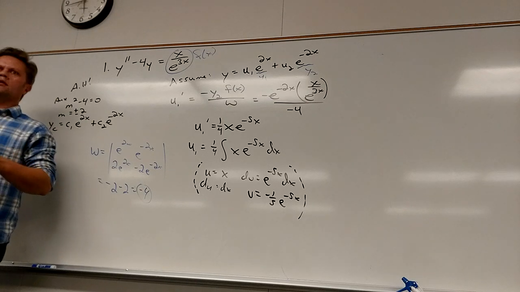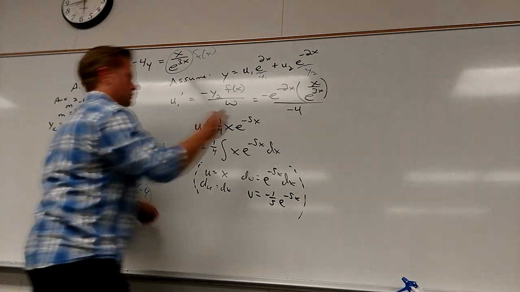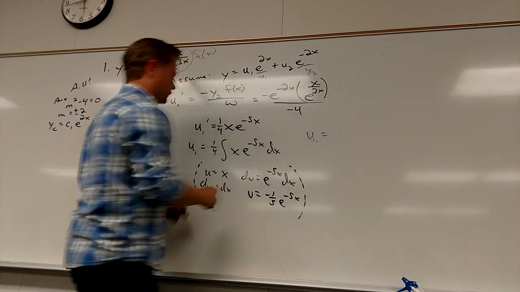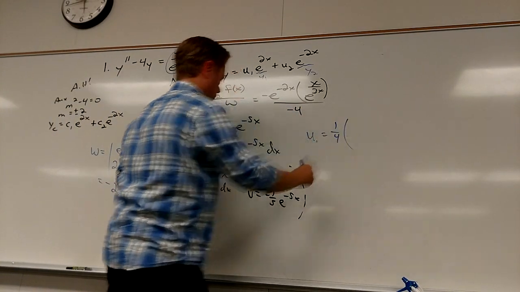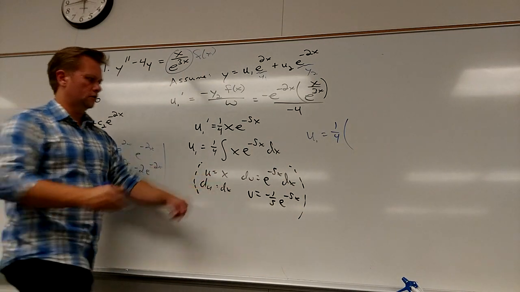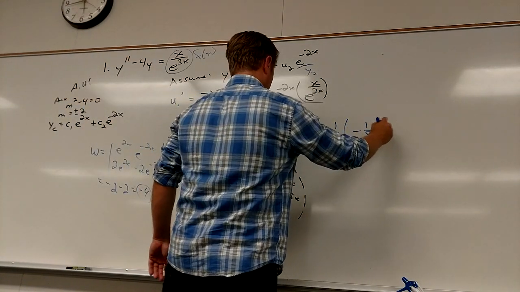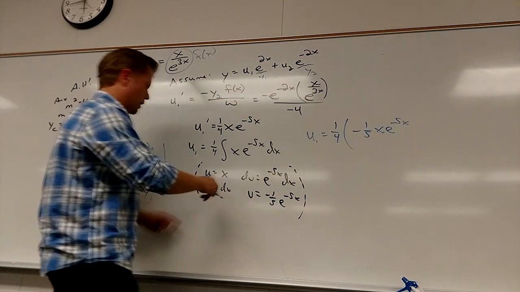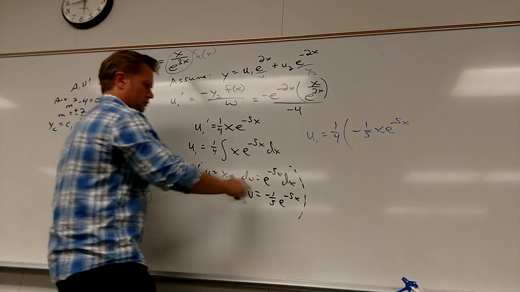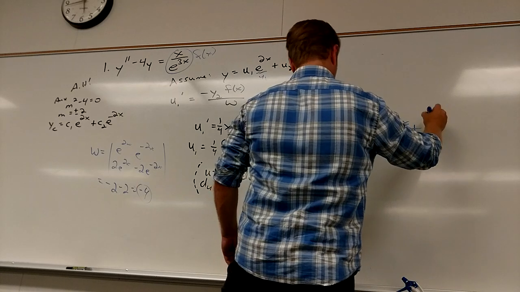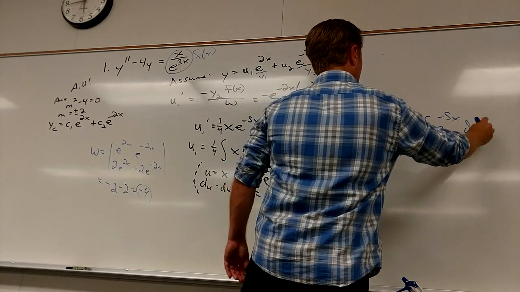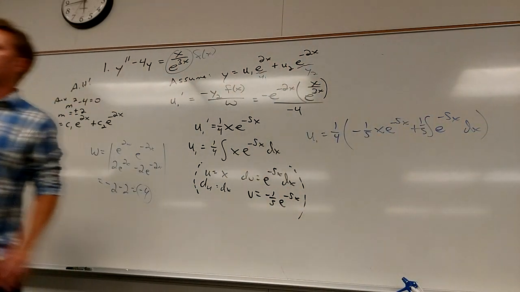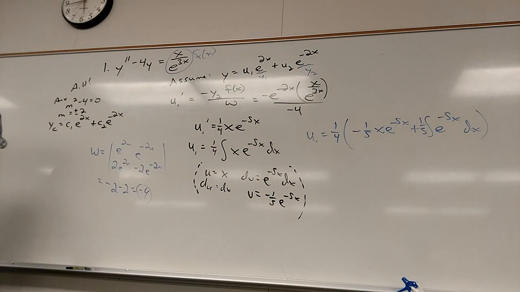All right. We'll keep going. I think for U2, I don't have to do every single step here. So this will be 1/4 in front of uv minus the integral of v du. All right, are you guys with me here? This is all just a little by parts problem, right?